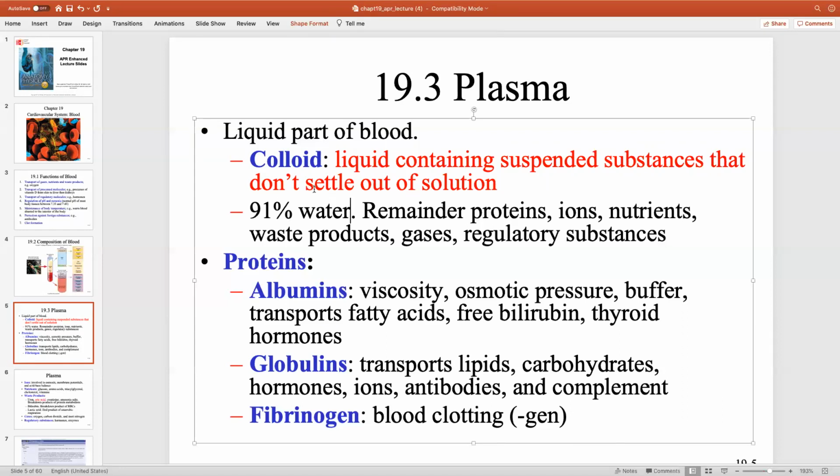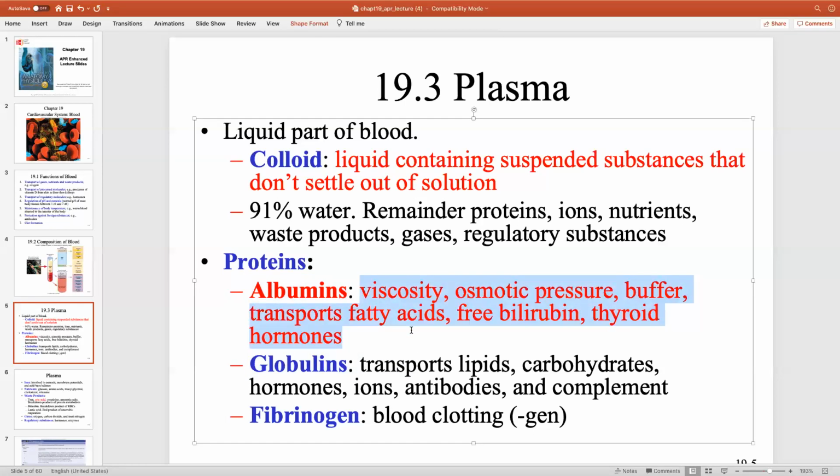Our plasma right here is a colloid, where that fluid has all of the sodium, potassium, all of those ions, all the proteins, and they are suspended in that fluid, and there's no need to ever have it mixed up. Now, the albumins are a big one right here. I'm going to highlight this so you can tell and discuss it and read about it.